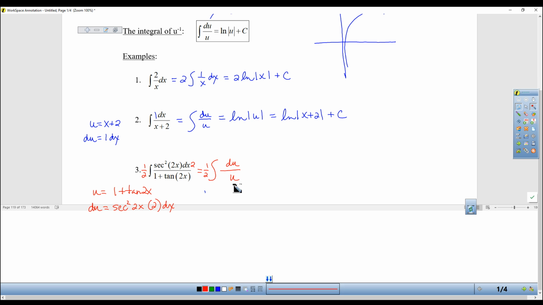But now I have du over u, which is what I need. The 1/2 is a constant, so I'm going to keep it. And whenever you have this format, it always turns into natural log of the absolute value of u, which is equal to 1/2 the natural log of the absolute value of 1 plus tangent of 2x, plus c.